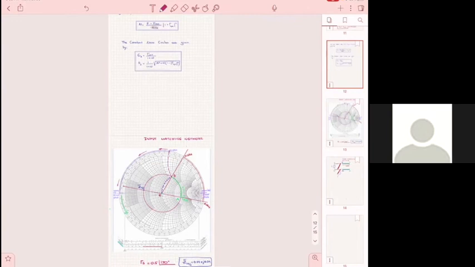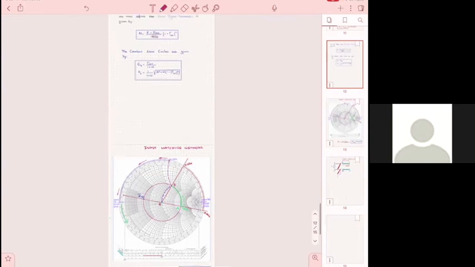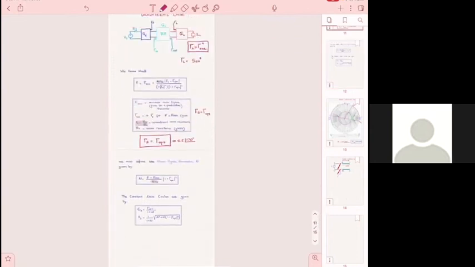Dr. Katei, I have a question. Sure. How come whenever you were doing the noise circle and the gain circle, you didn't have to find where they intersect to get gamma S? In this particular problem, I did not have to do that because I said that I wanted to find gamma S for minimum noise.